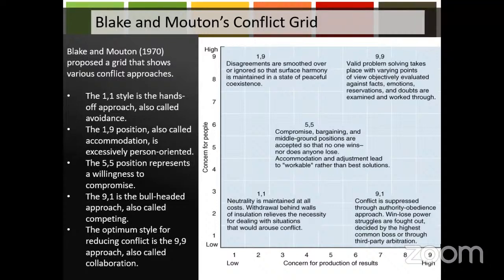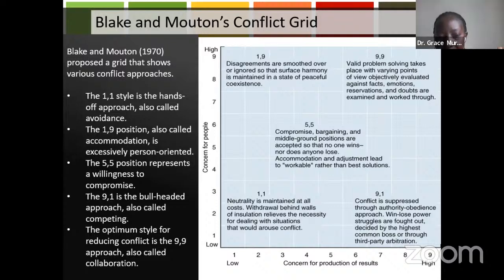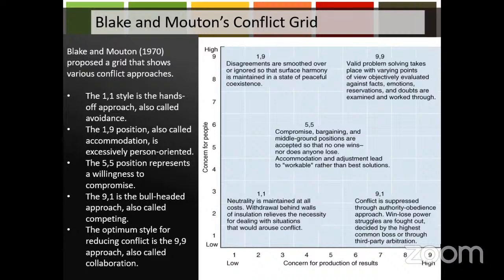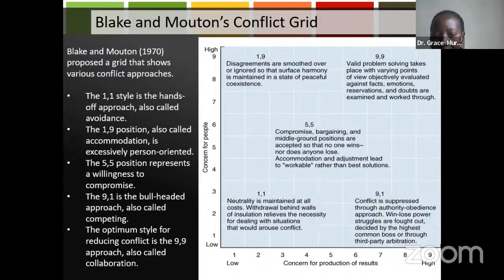On one side we have concern for people, on the other side concern for production. So you're saying that not just as organizations, but even we as personal managers fall along that line in how we manage our conflict. Are we concerned about people? Are we concerned about production?